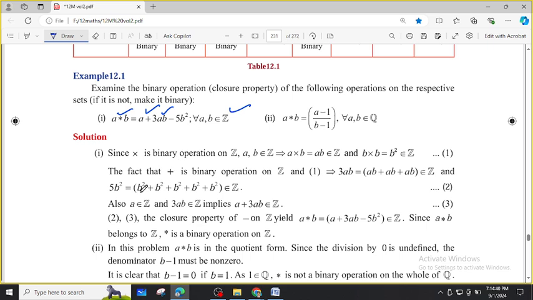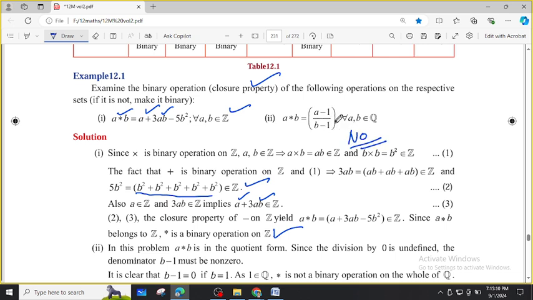It's very, very simple. So all the terms, a, 3 times ab, or 5 times b square, everything is an integer. So the entire operation is an integer. Therefore, it is a binary operation. Then when you come to this, we are taking rational numbers. So now a star b is defined by a minus 1, b minus 1. Is it a closure property? No, sir, it is not closure property. Why, sir?